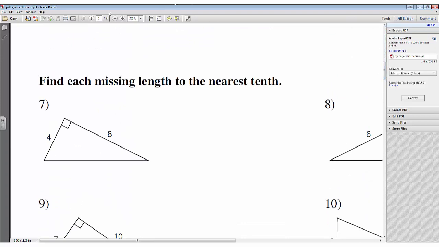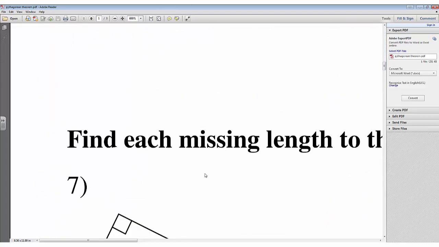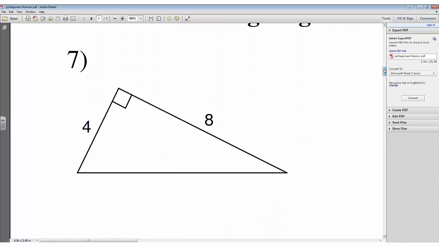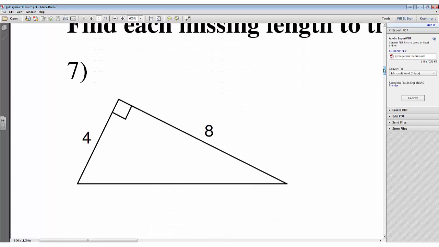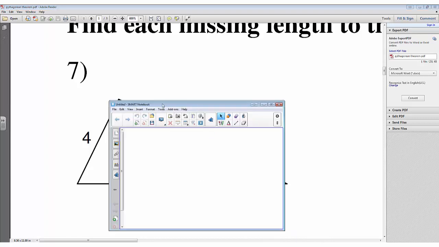For question number 7, they can make this bigger using their iPad screen. If they want to work on this question, let's say from left to right, they will use their finger to slide, and then they will have a notebook.